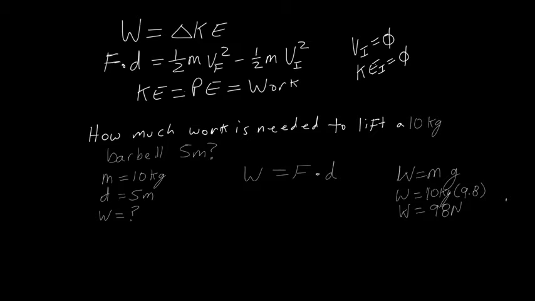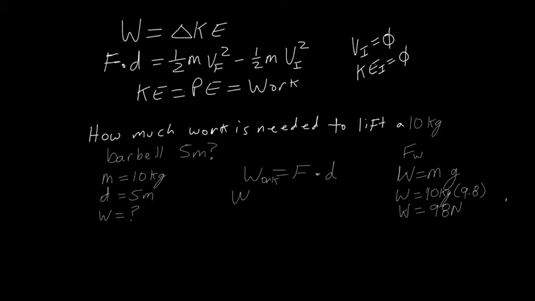Now, it is a little confusing because we're using W for weight when we are also looking for work. I know a lot of textbooks for weight will do F_W, which kind of makes sense since you are eventually going to learn about work. But I just keep it as a W. You just have to know which one you're looking for.